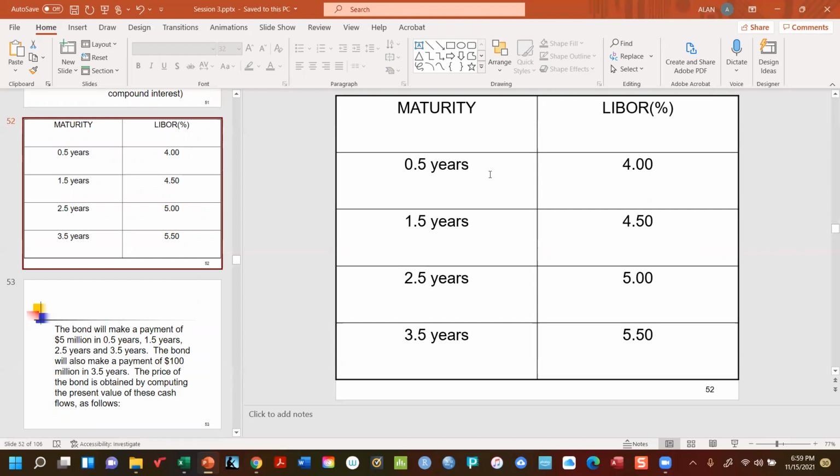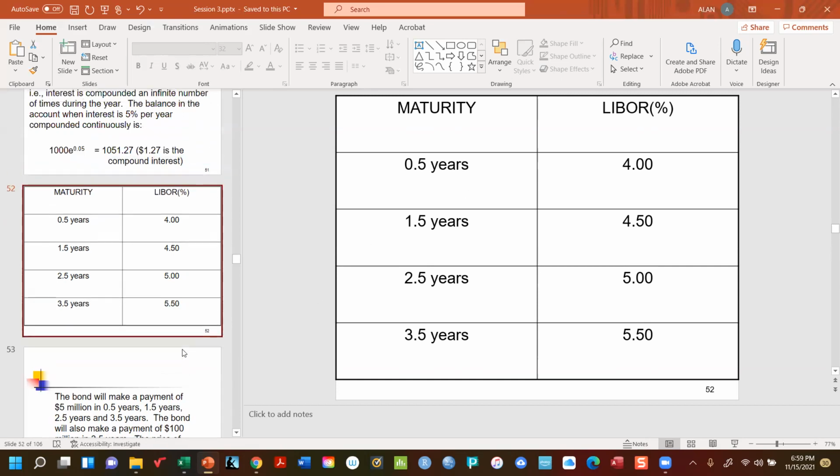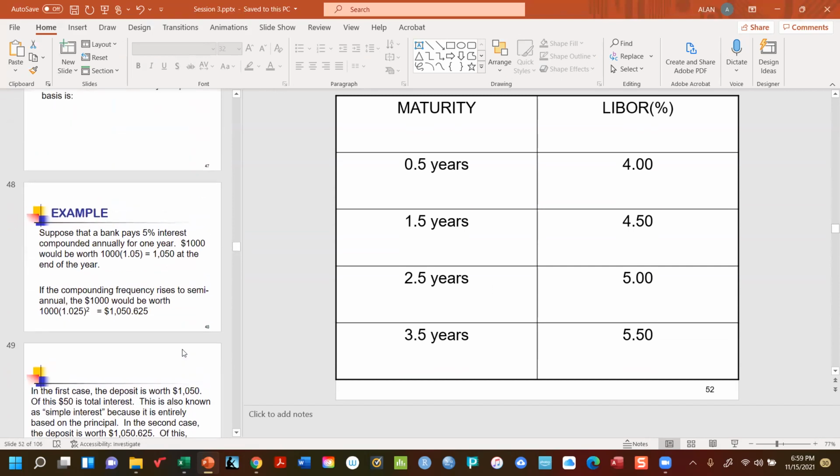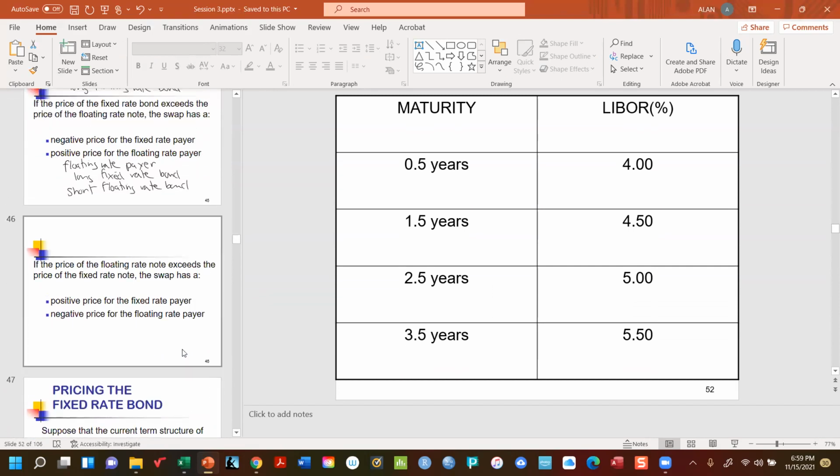The 1.5-year LIBOR rate is 4.5%, et cetera, all the way out to 5.5% for 3.5 years. Now, why are we looking at these half years? Because these all mature in even time in the future, because remember, this swap was sold 6 months ago, or half a year.